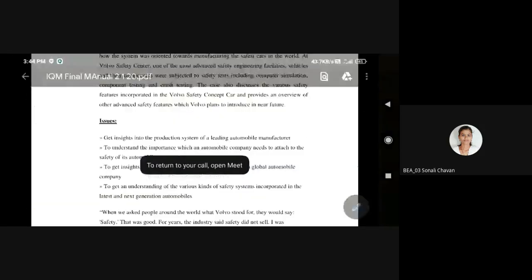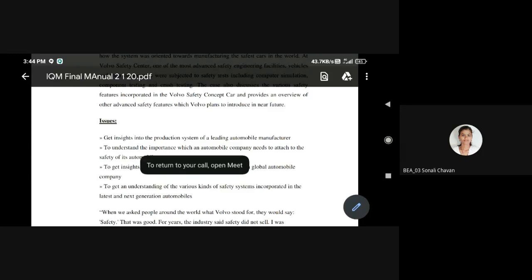Now whatever the insights of that particular industry or product, we have to find out to understand the importance which an automobile company needs to attach to the safety of its automobile. Basically the safety factor. So they have started the survey from these safety factors. They ask questions related to safety: how is your vehicle safe for our traveling?